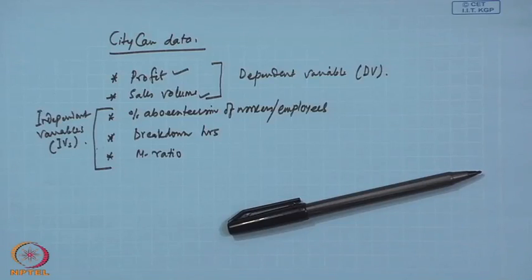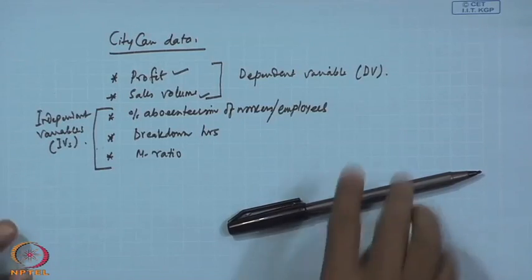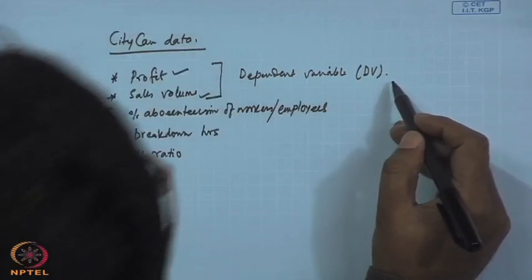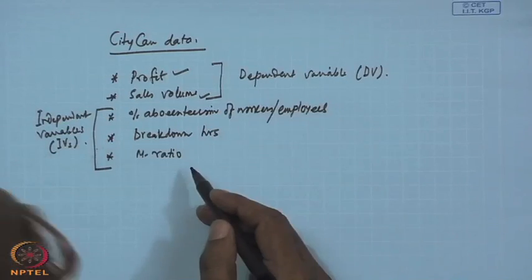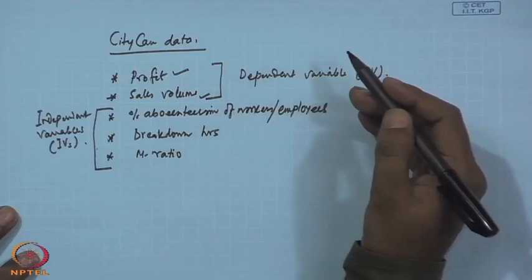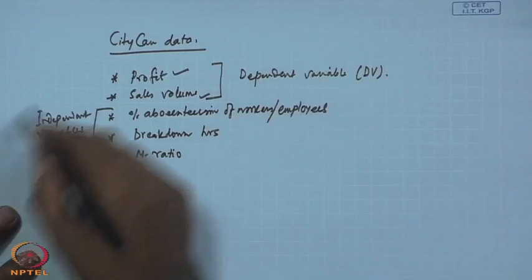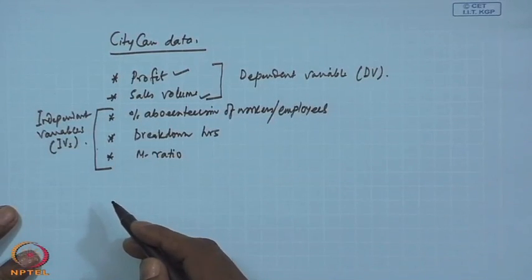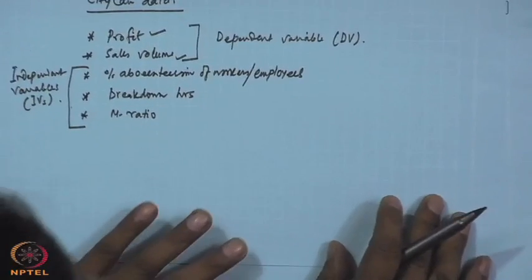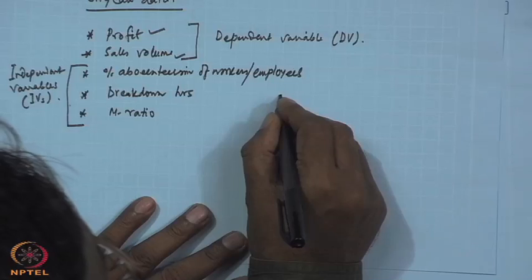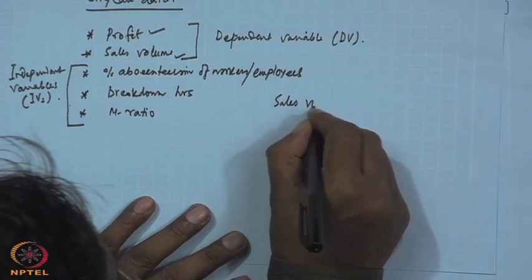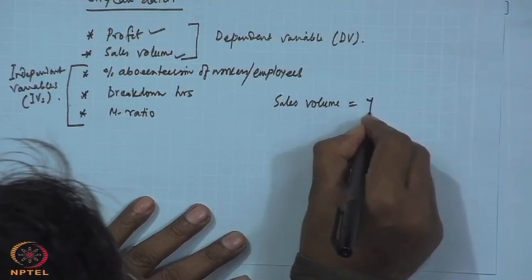If we can find out that yes, there is influence of the independent variables on the dependent variable, then depending on the influence measure, some actions can be taken to control the dependent variable with the help of controlling the independent variables.